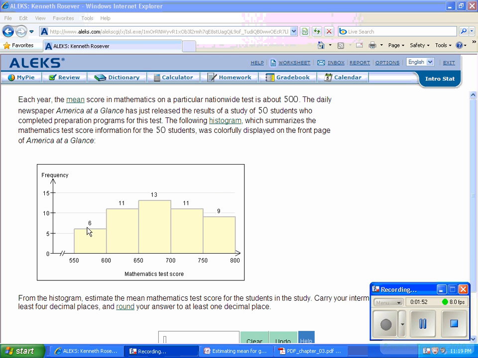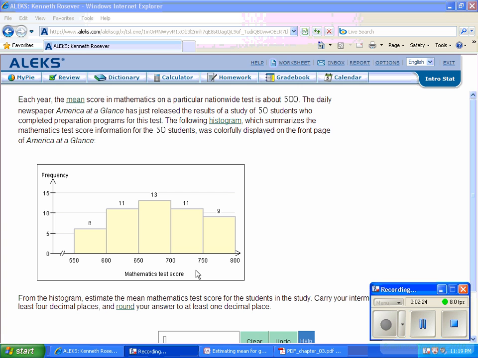Since I don't know what these 6 students got, I'm going to say they all got 575s. Since I don't know what these 11 students got, I'm going to say they all got 625s, which is the midpoint here. These 13 students, I'm going to say they all got 675s. These 11 students, they all got 725s. And these 9 students, they all got 775s. And I'm going to add up all of those and divide by 50. And that is going to be my estimate of the mean.